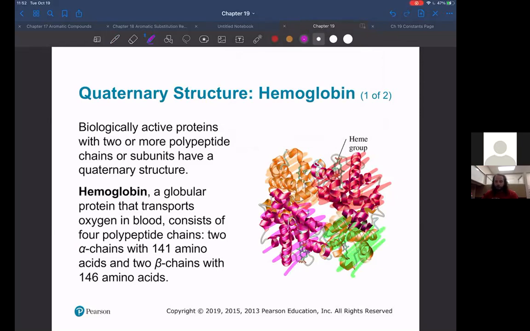Actually, two of them are the same. There's two pairs, but it doesn't matter. Each one has its own N terminus and C terminus. It's folded onto itself to create a tertiary structure, and then those four have come together and stuck together to make the quaternary structure of hemoglobin.